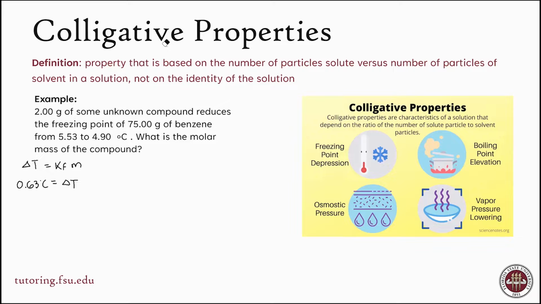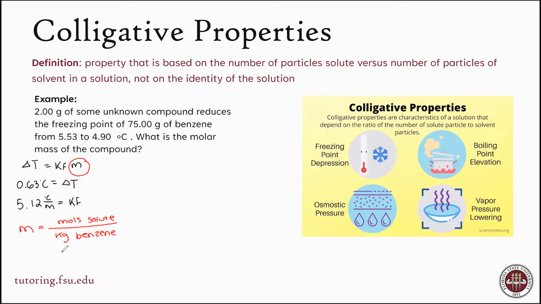So we know that for benzene, Kf is 5.12 degrees Celsius per molality. The only thing that we're missing here is our little m, which again is moles of solute, which we don't know, per kilogram of benzene, which is our solvent.